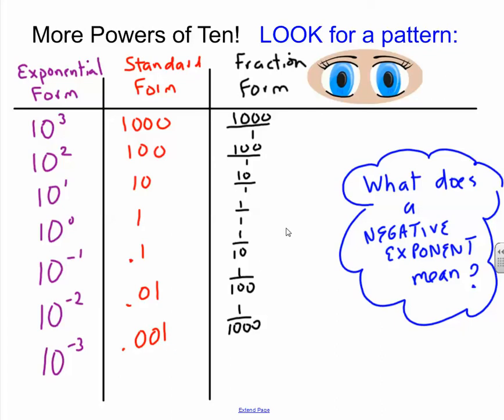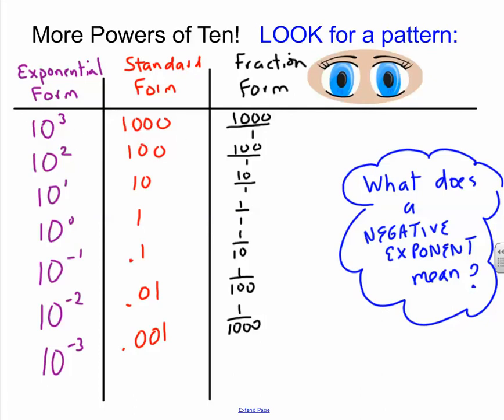I wanted you to look at the fraction form so you see a pattern. What the negative exponent really means is we have a number less than 1. It's not a negative number, it's just a teeny tiny number. And there is a relationship between the teeny tiny amount when I have 10 to the power of negative 3 and the big amount when I have 10 to the power of positive 3.